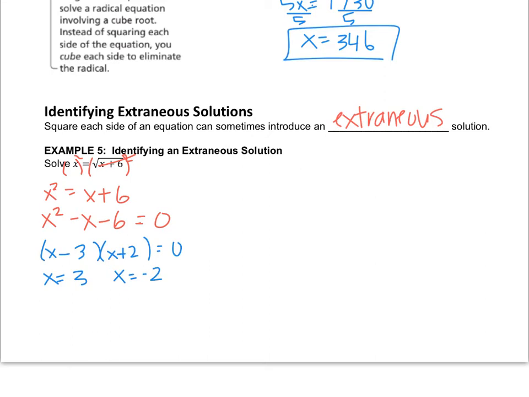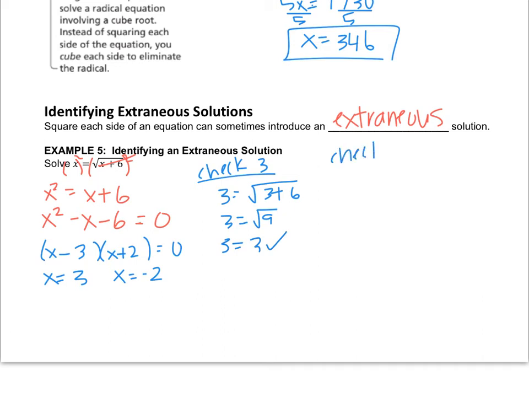Now let's go back to the equation and check it. Let's check 3. We get 3 equals the square root of 3 plus 6, so 3 equals the square root of 9. The square root of 9 is 3, so that works. Now let's check negative 2. I have negative 2 equals the square root of negative 2 plus 6, so negative 2 equals the square root of 4.